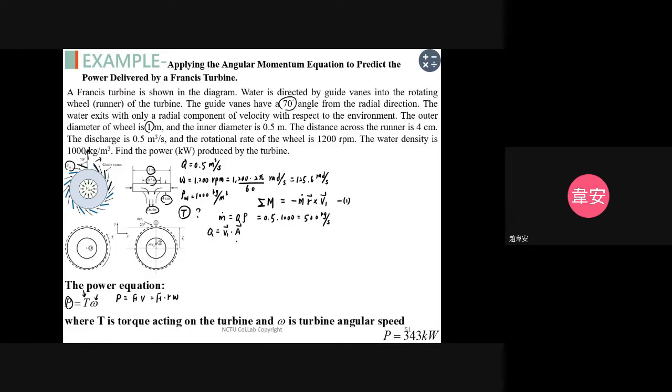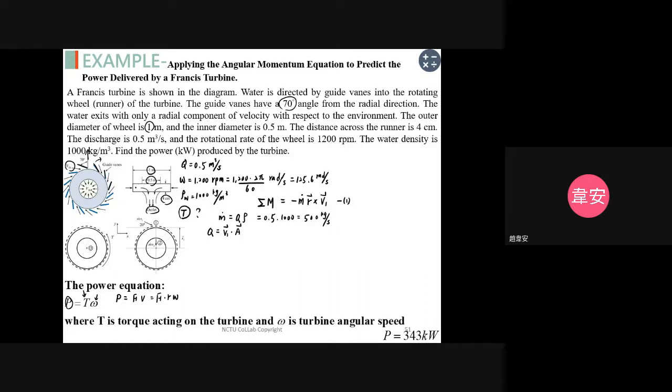Right now, the V1 is along these directions, and we need to use the vector dotted with the cross-section area. So what is the area?